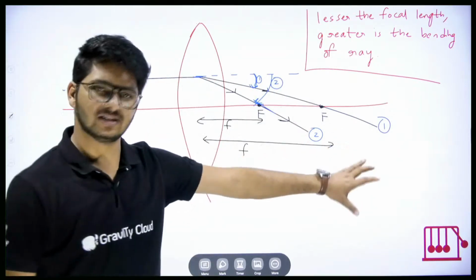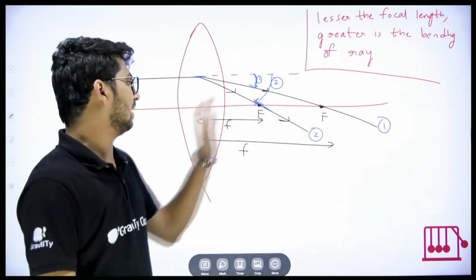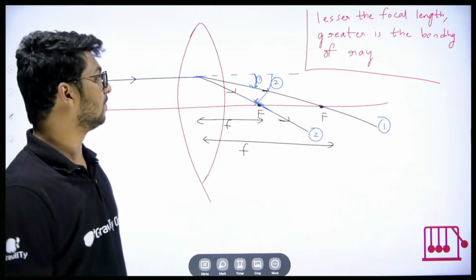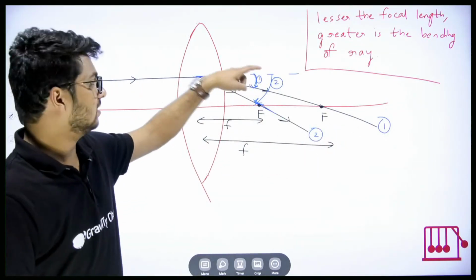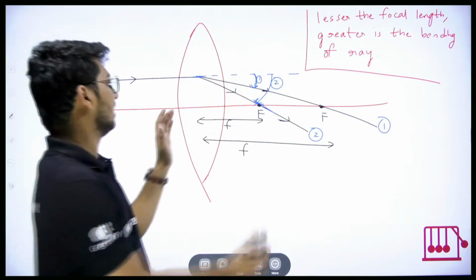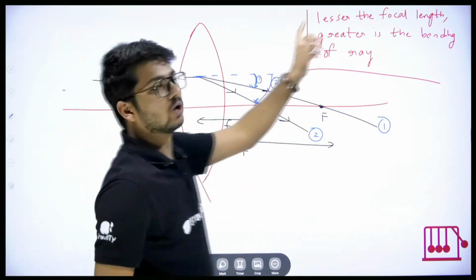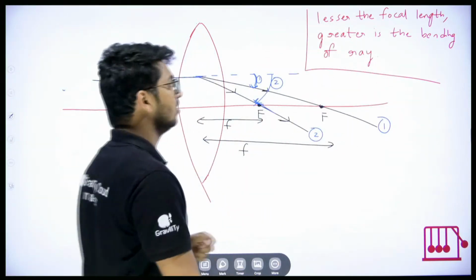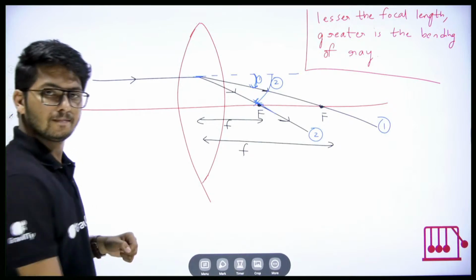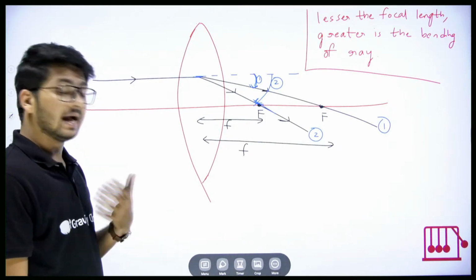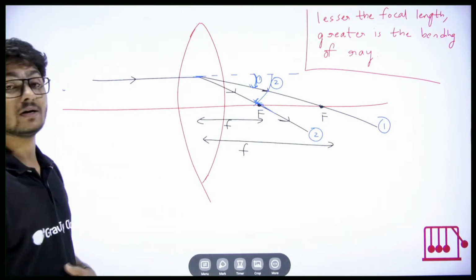We have taken two cases, two different focus, that means two different focal lengths, and we have looked at the bending. In the second case, the bending is more, and the focal length is less. So, lesser the focal length, greater is the bending of the ray. Clear? And what is power?